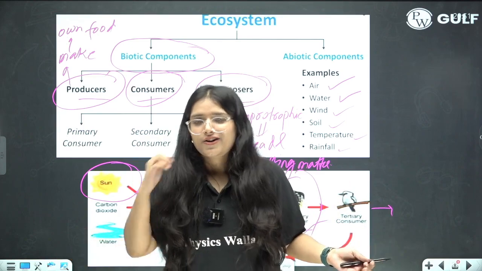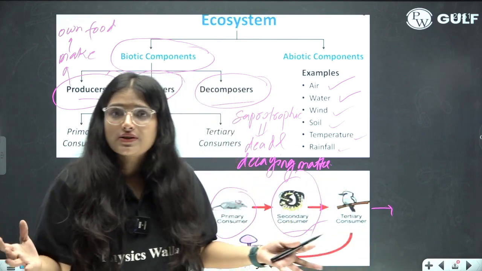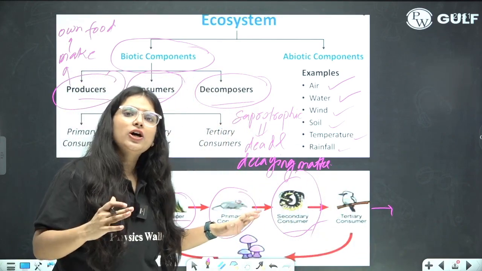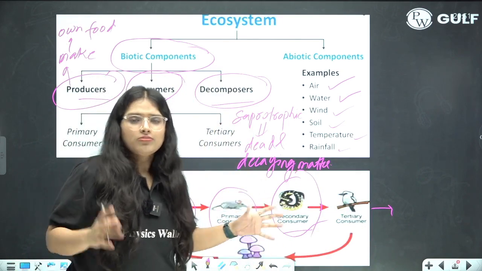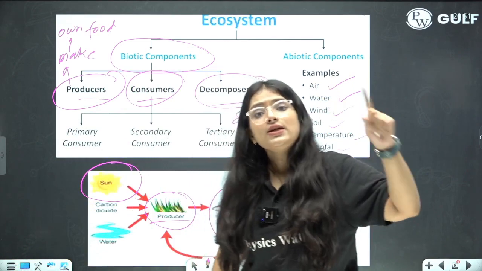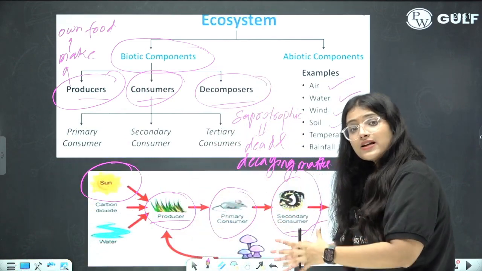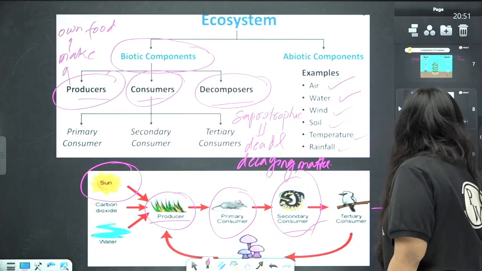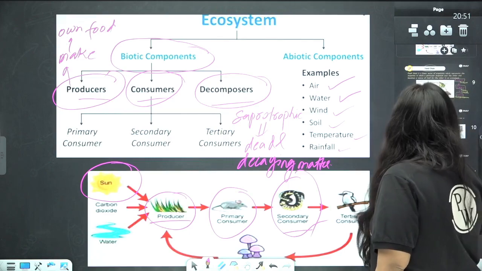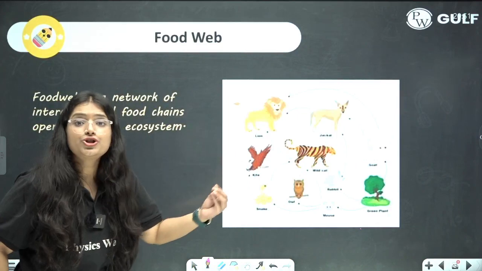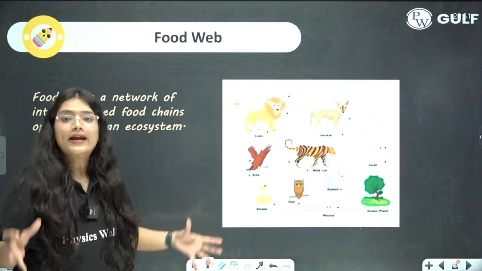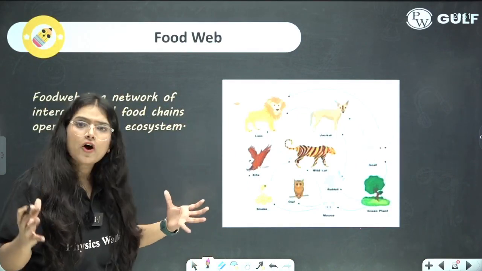No. We have a lot of options, right? Similarly in nature, the organisms also have a lot of options. So there is not one single linear sequence of organisms, but there is a network. The network of these linear food chains are all interconnected. All the organisms have a lot of options, right?